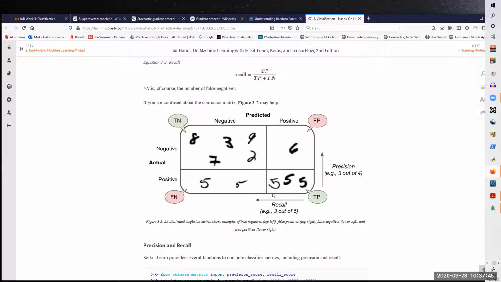So you can then move this vertical line. If you move this vertical line, you can have different numbers for this precision and recall.